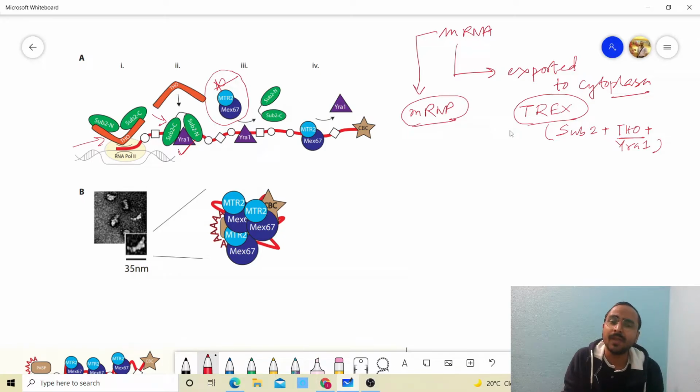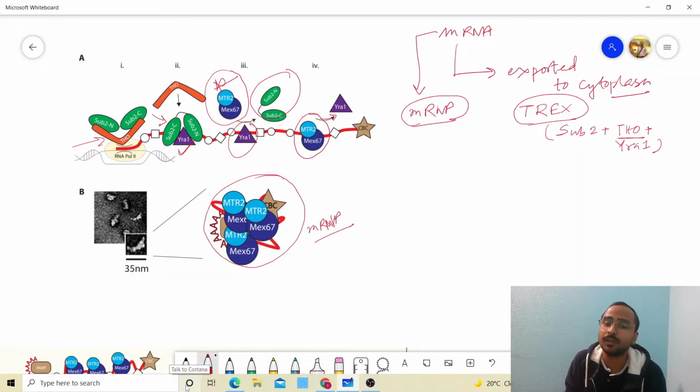But when MEX67 and MTR2 need to be attached, then Sub2 will be removed, and YRA1 will be removed too, leaving the space for MEX67 MTR2 binding. Now MEX67 MTR2 will bind to the mRNA, and together it will form an mRNP like this. This is the mRNP which will be exported from the nucleus to the cytoplasm, and the size of the mRNP will be 35 nanometers, very small.